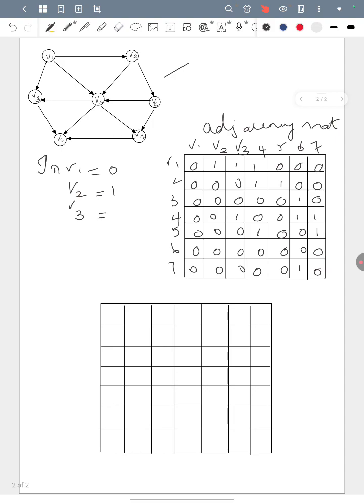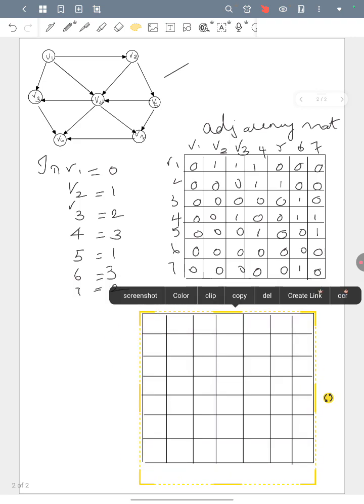V3 we have two incoming edges. V4 we have 3 incoming edges. V5 we have 1. V6 we have 3, and V7 we have 2. Okay, this is the second step we have to do in the topological sort.